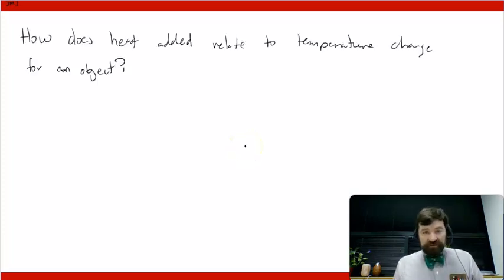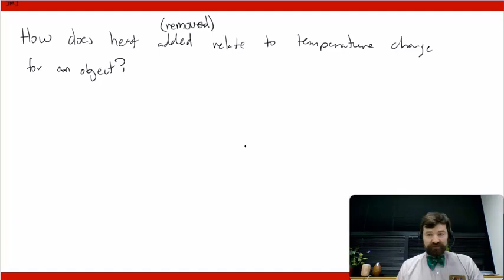Now, the main equation that goes with today's video essentially shows how the temperature of an object changes with the amount of heat added. That's kind of our key. And that also applies to heat removed from the object or substance. We're basically just looking at what it scales with.